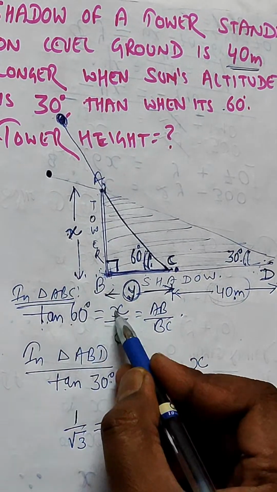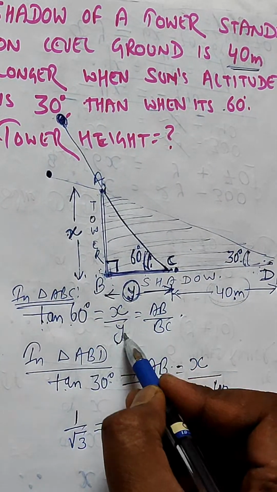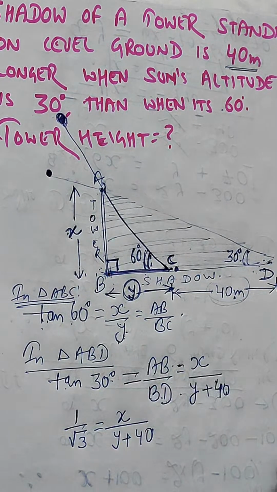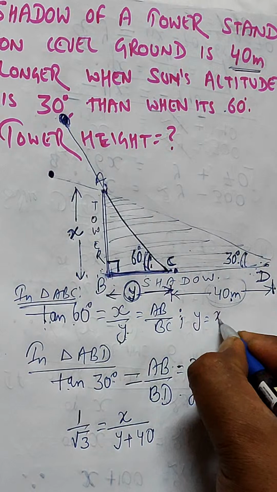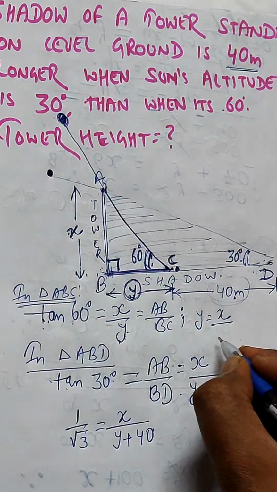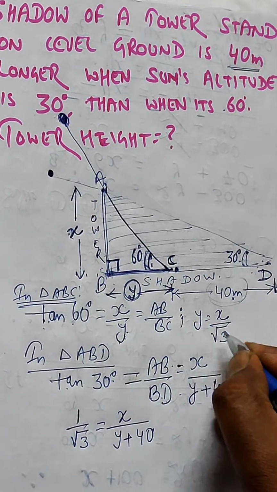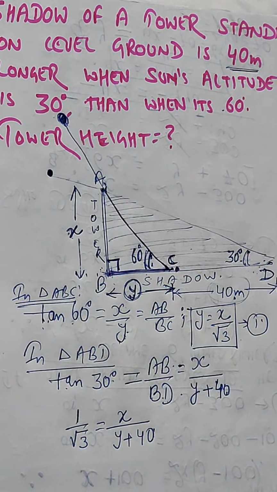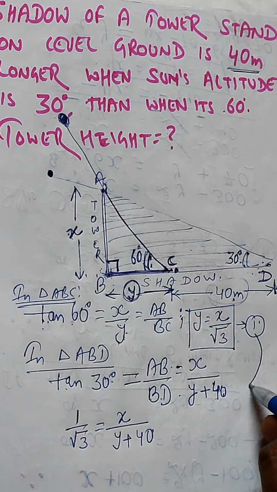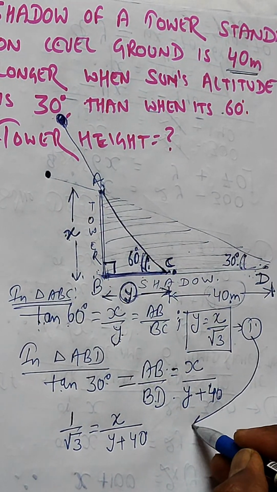From equation 1 we get y equal to x by tan 60, and tan 60 is root 3. So y equals x by root 3 from equation number 1. Just put this value of y over here, right?